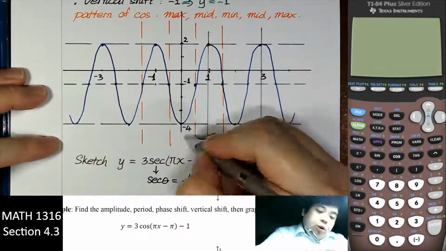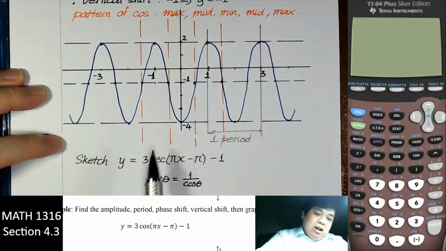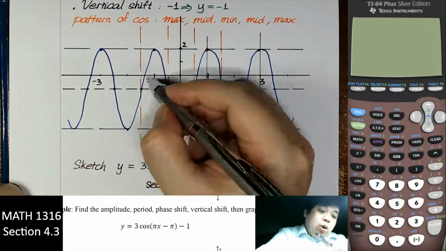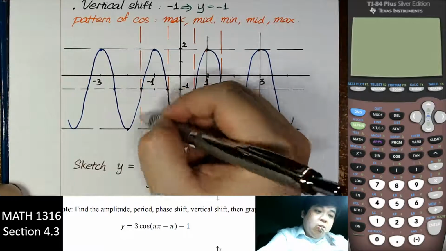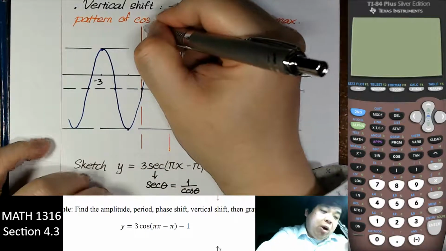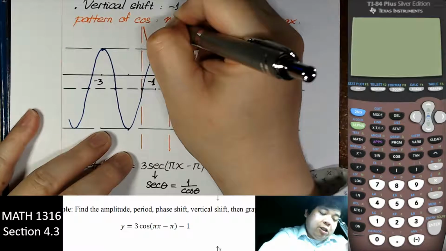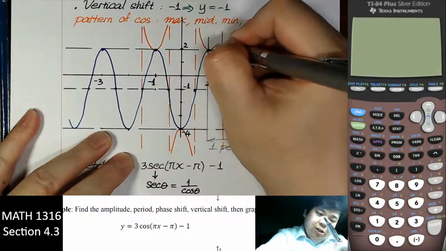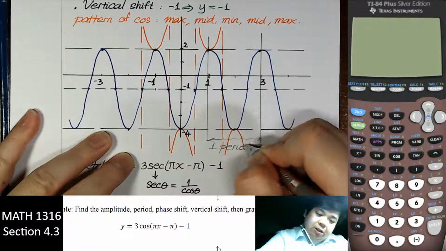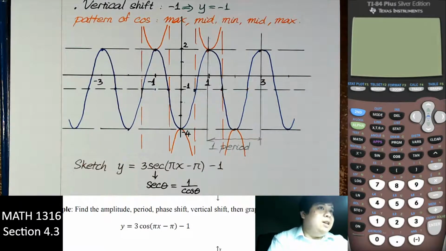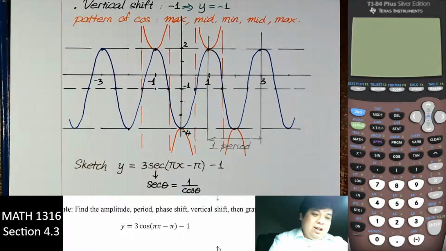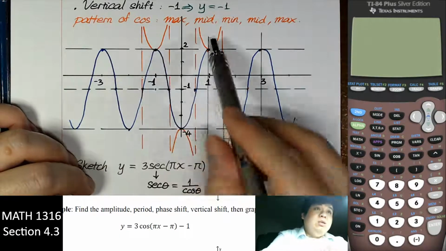For the graph of the reciprocal function, we graph sine or cosine first and then go to the reciprocal function. Wherever the graph crosses the middle line, that's a vertical asymptote, and then the graph bounces from the maximum and the minimum.